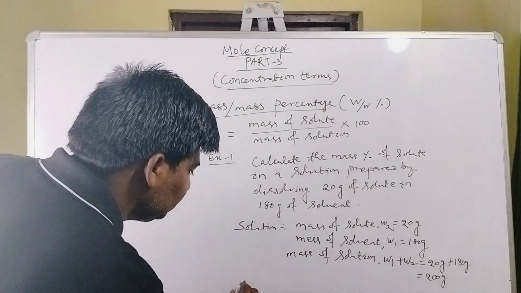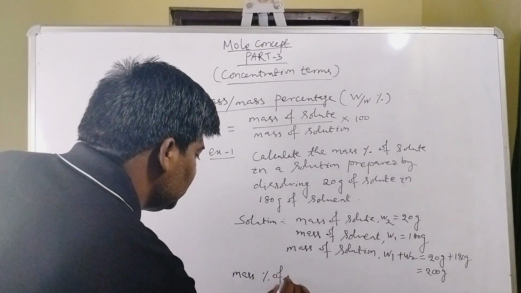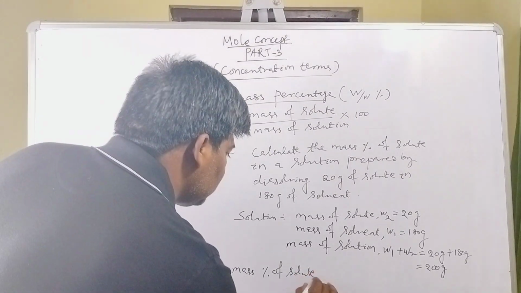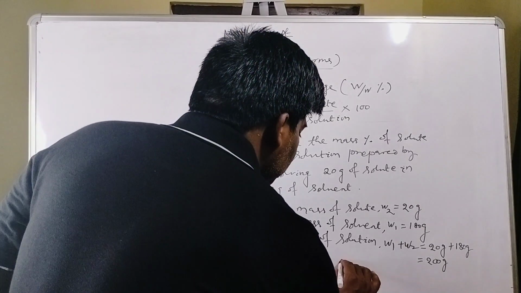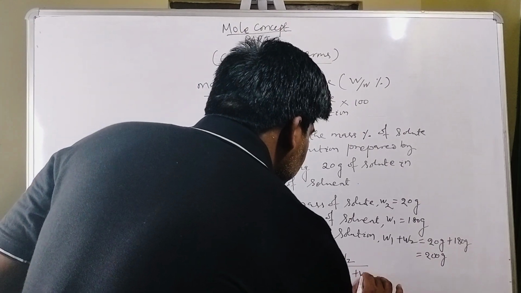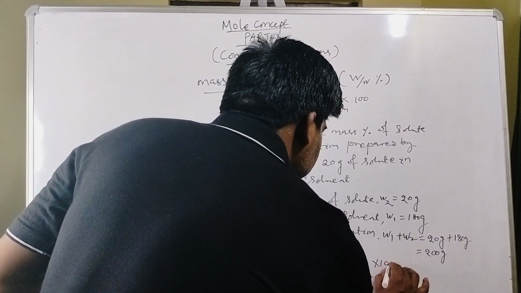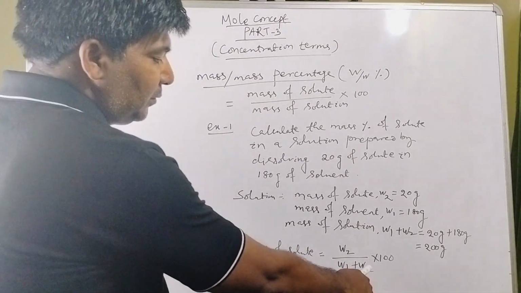So now mass percentage of solute is equal to W2 by W1 plus W2 into 100. That is mass of solute divided by mass of solution.